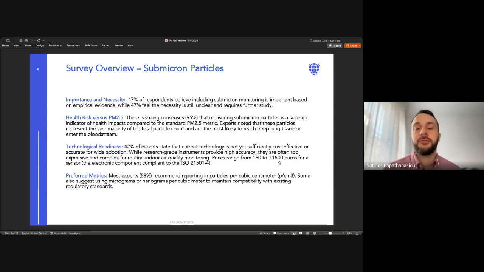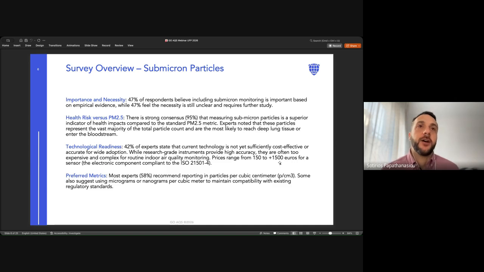I did a little research on the prices of submicron particle counters, and they start from 150 and can go up to 1,500 euros only for the sensor component, so the electronic component, that complies with a specific ISO specification that consists of having accuracy in the measurements of those particles.